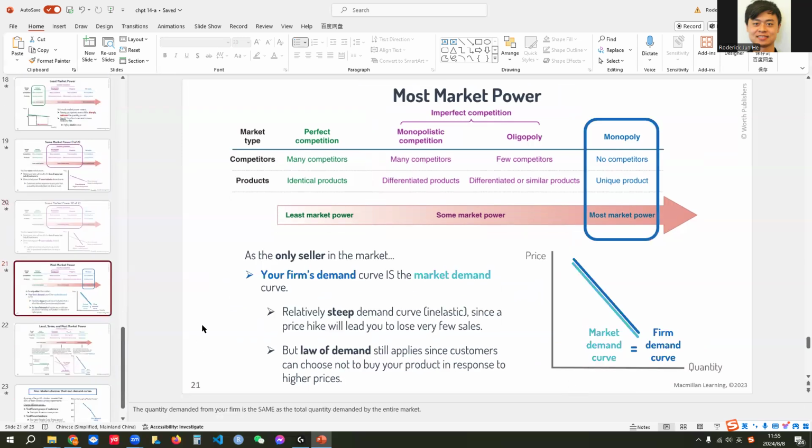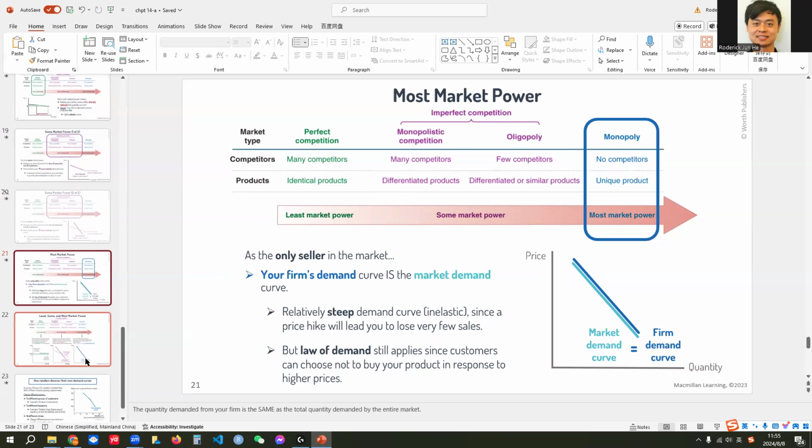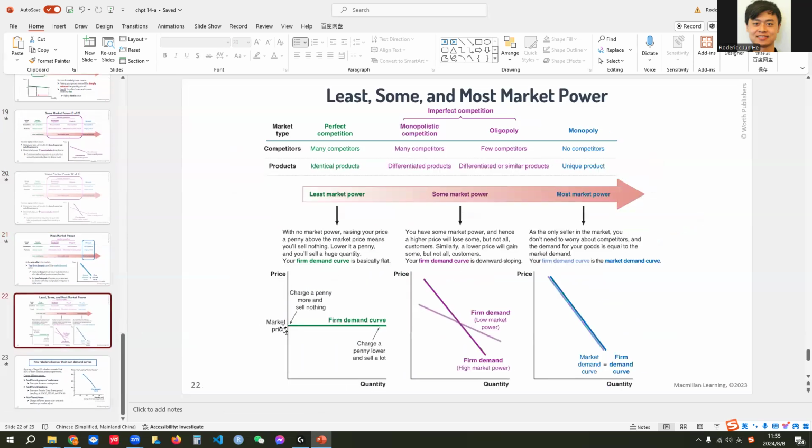The last one, there are no competitors. It's just a unique product that consumers cannot find elsewhere in the world. Then consumers are very inelastic. Therefore, the demand curve will be very steep, right? So that reflects those cases.